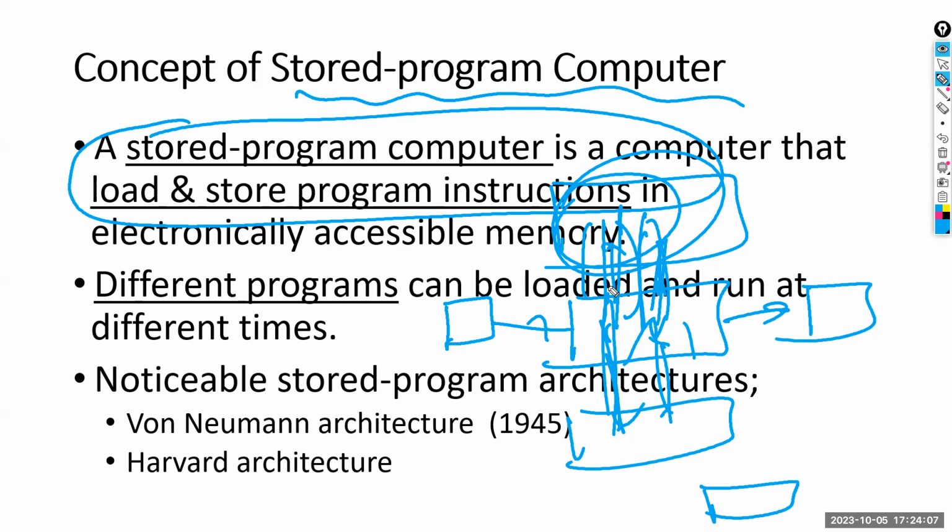But it all started as loading different programs to the memory at different times and executing them. Maybe one program is doing word processing, another is doing calculation, another is doing image processing, and so on. This was made possible with the von Neumann architecture. So von Neumann is the one who came up with the idea of memory.